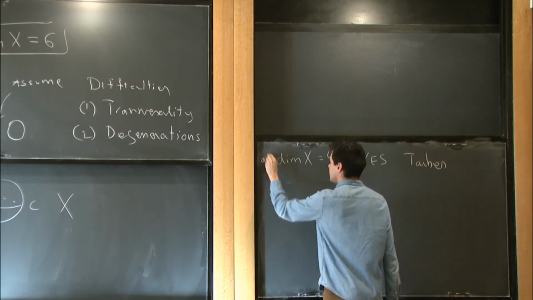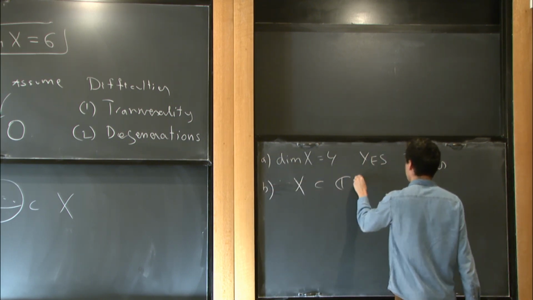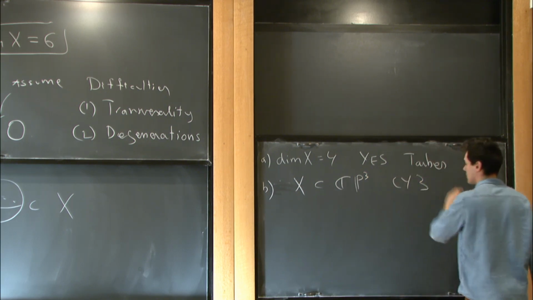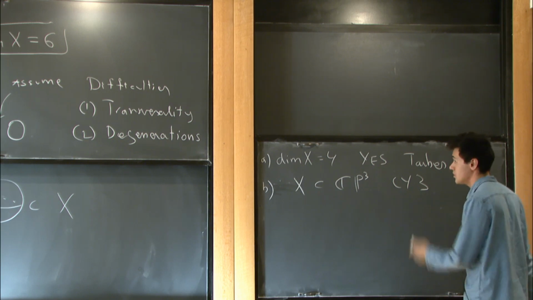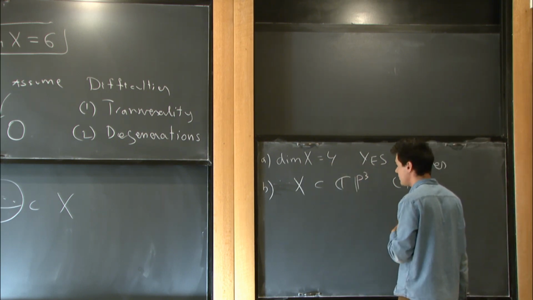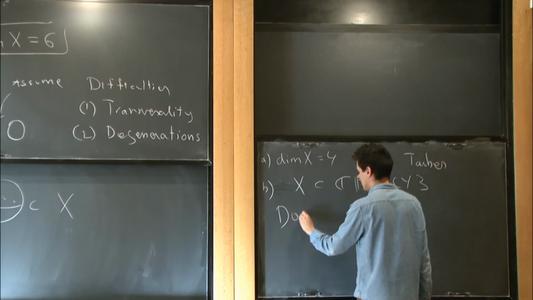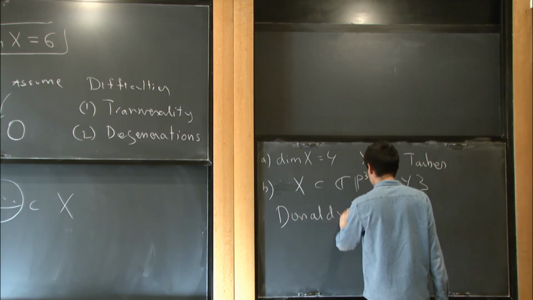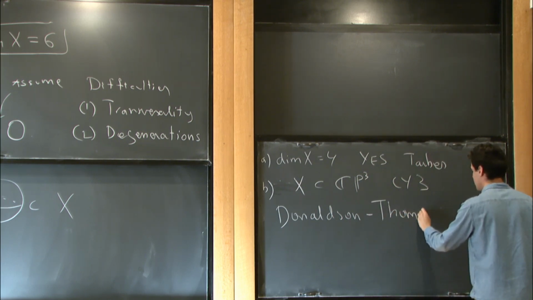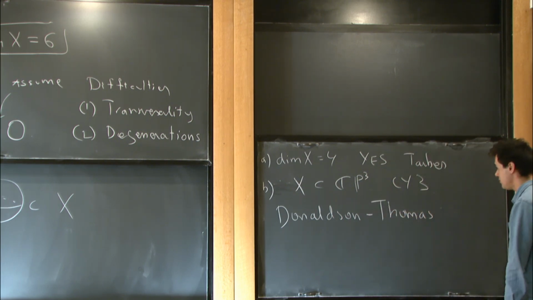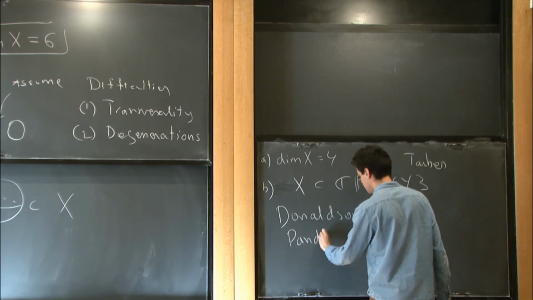So maybe this is A and B. If X is a projective Calabi-Yau threefold, so a projective threefold with c1 equal to 0, then there are all sorts of invariants coming from sheaf theory. So the general term is Donaldson-Thomas theories. There is also a version called Pandharipande-Thomas theory.